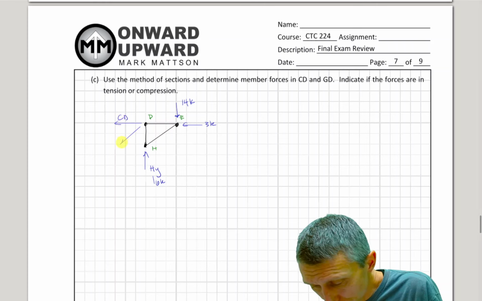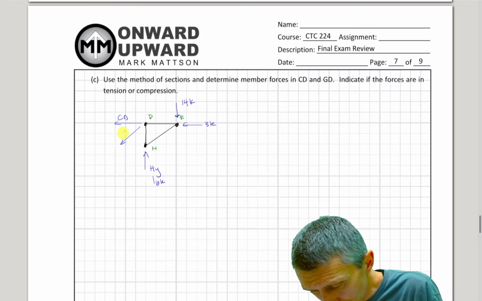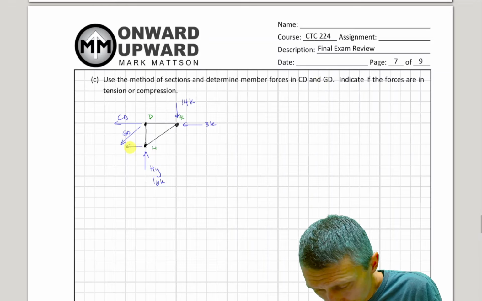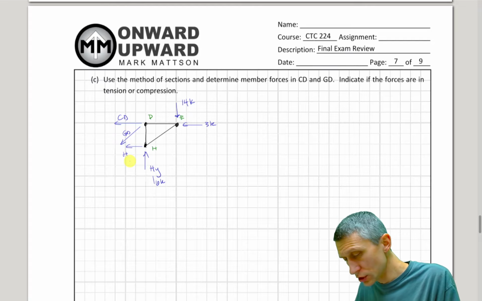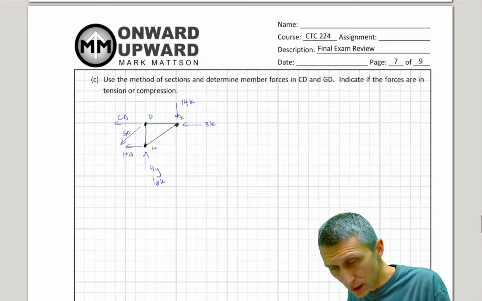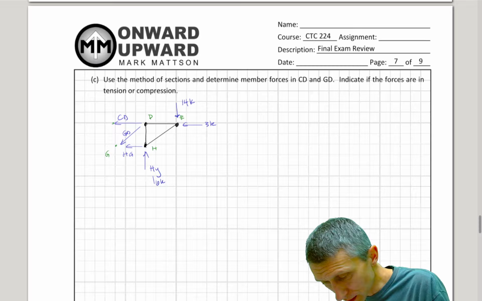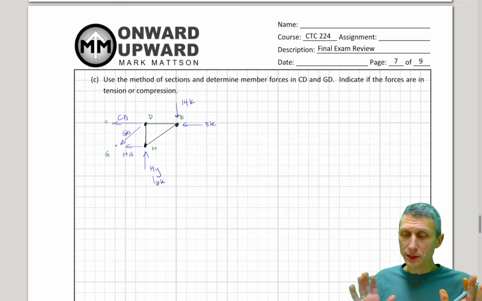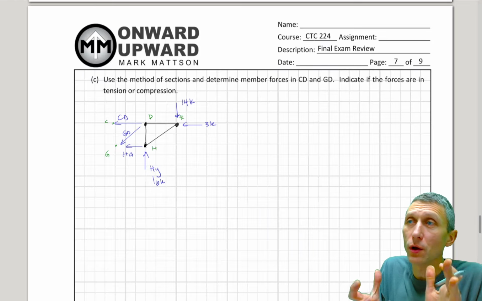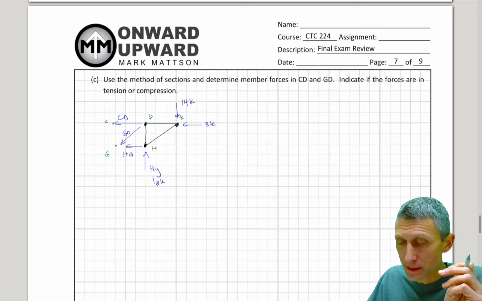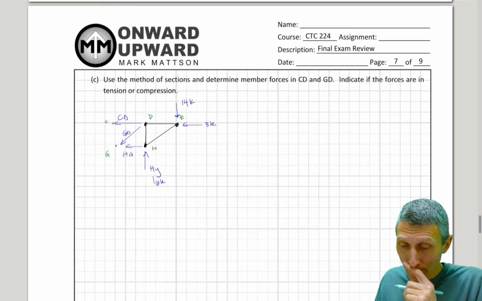I'm going to have GD, or no, I call it GD here. So let's call it GD here. And then I could also have what's this called? This is going to be called HG, because we have a point over here that's called G, and a point over here that's called C. So those points are not actually in the diagram. I'm just drawing them because they're reference points that are going to be useful.